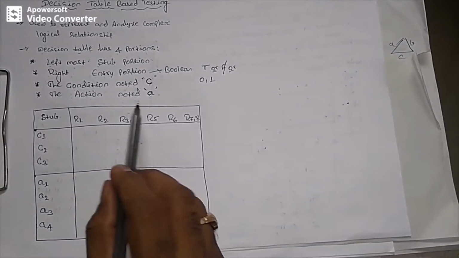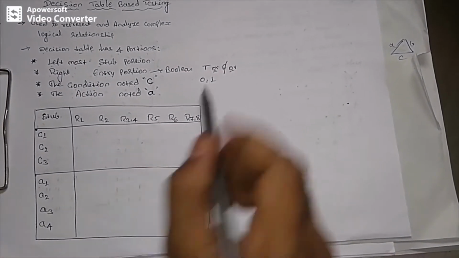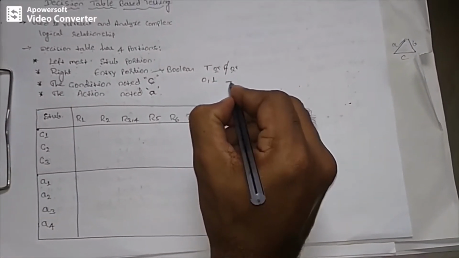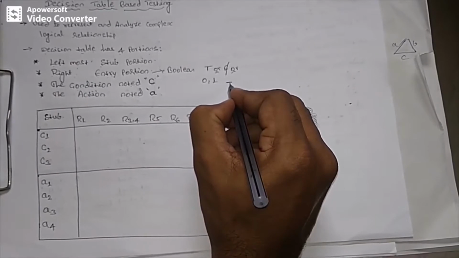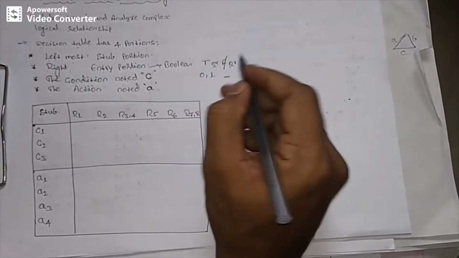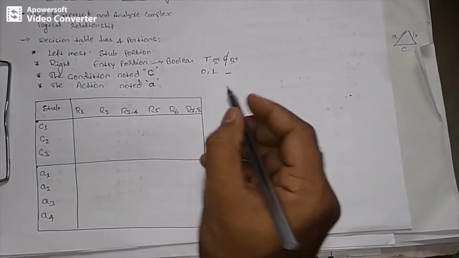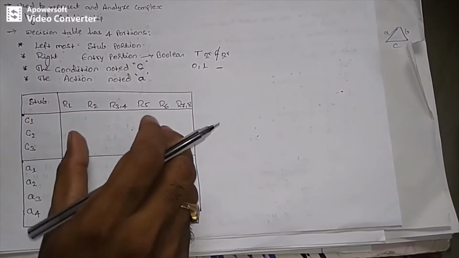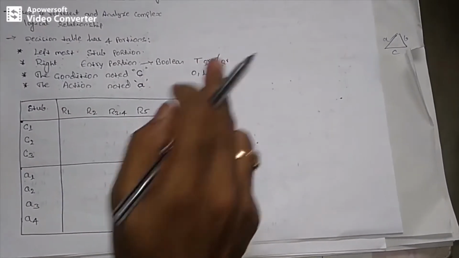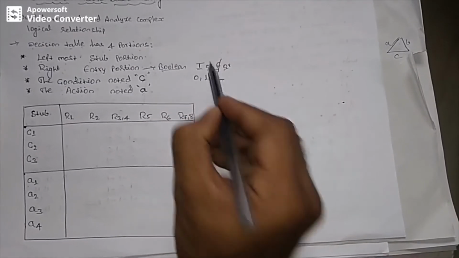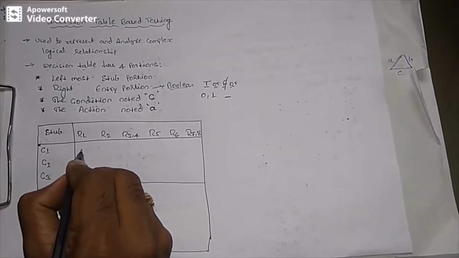This is how the entry portion is done. We also use a dash, which indicates not applicable. The rule entries will be done in a true or false manner. In this table, I am using T and F representation.